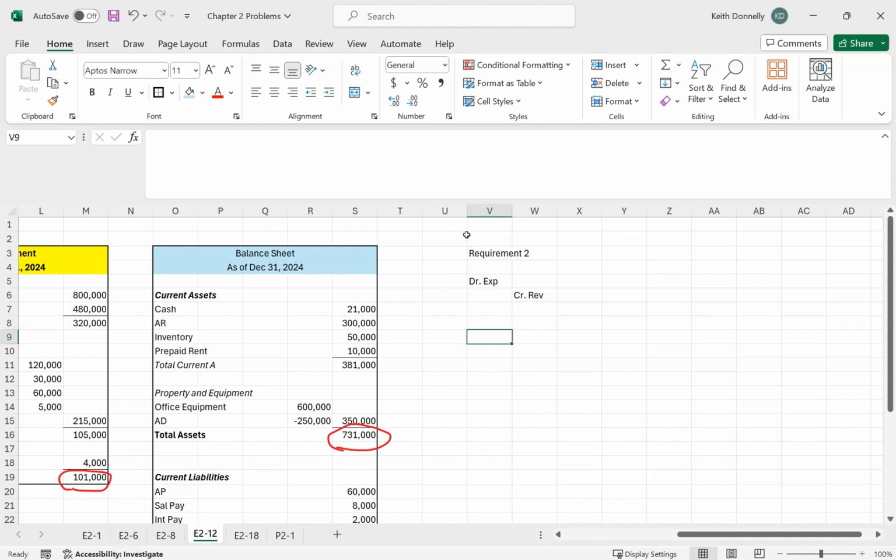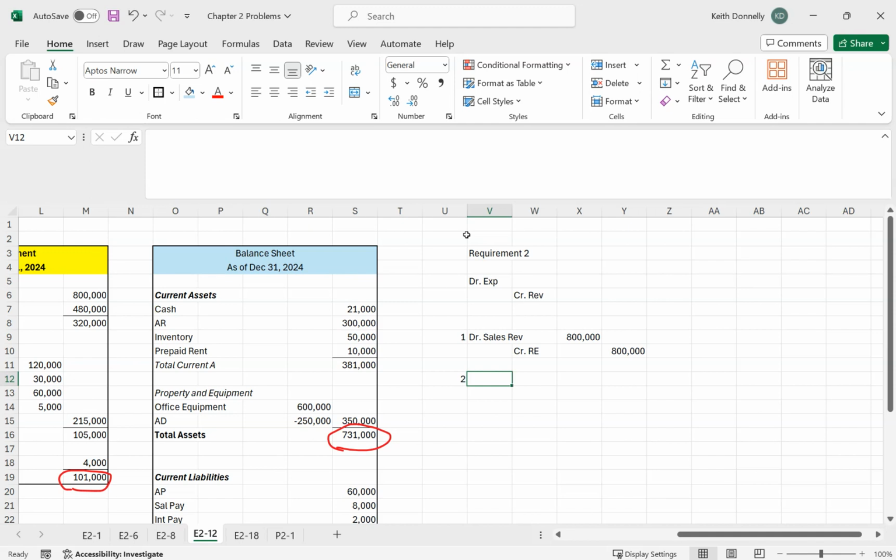So what we have to do is reverse out our revenues. We're going to debit our sales revenue of 800,000, and then we're going to throw that into retained earnings. That would be the first closing entry for our revenues, and our second closing entry would be for our expenses.